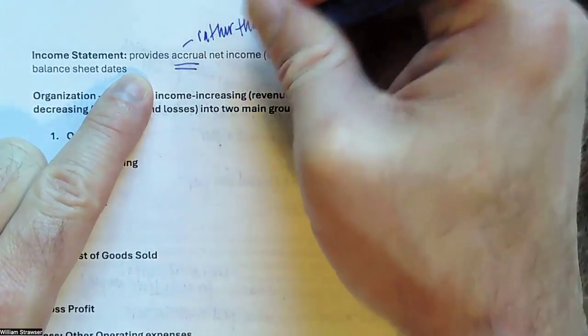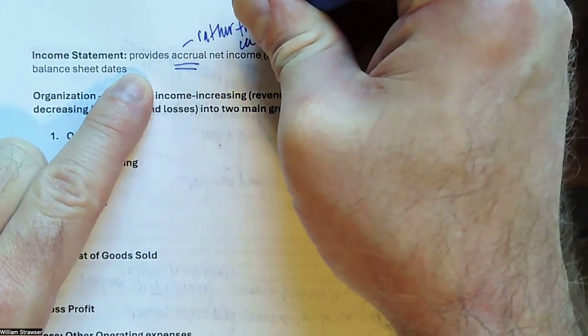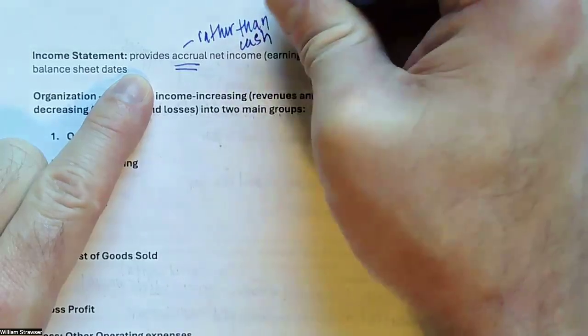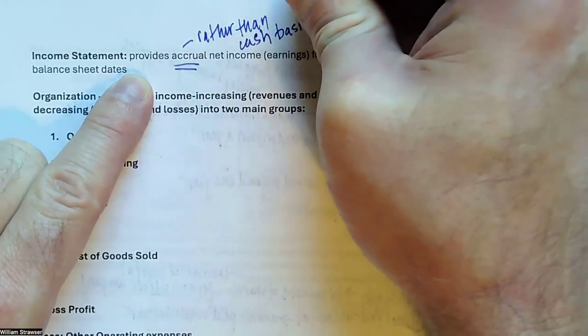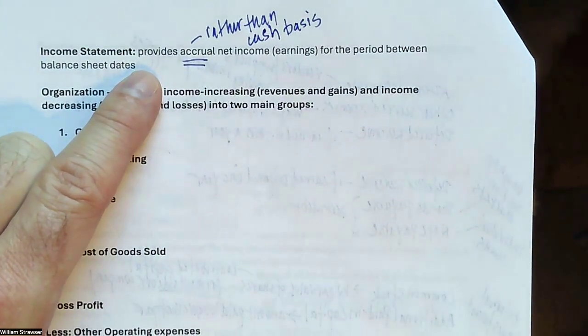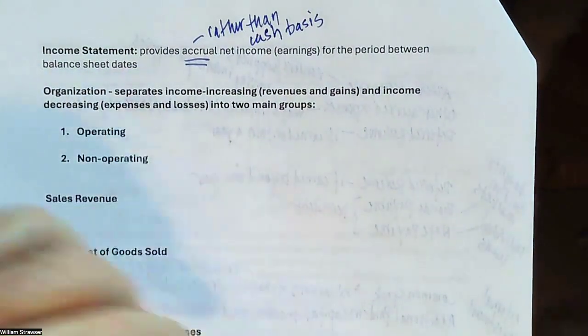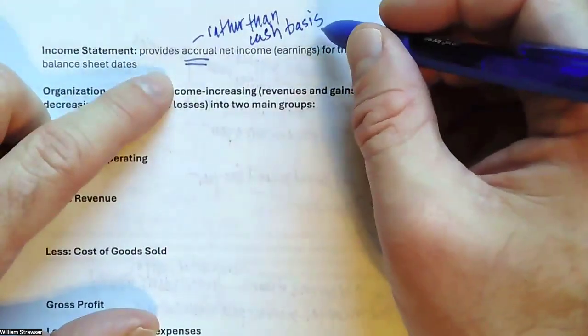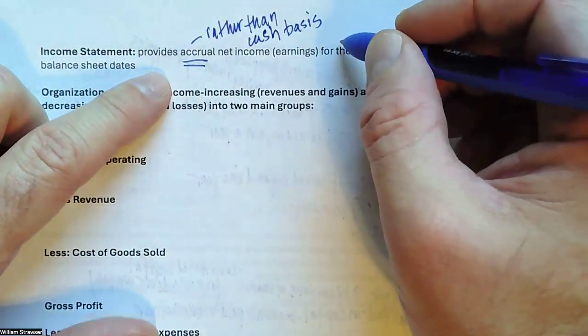So it's important that we remember the cash basis versus the accrual basis of accounting. And we understand that the income statement is delivering that accrual basis of accounting. And what does that mean? Well, that means that we're going to use the revenue recognition and expense recognition principles.